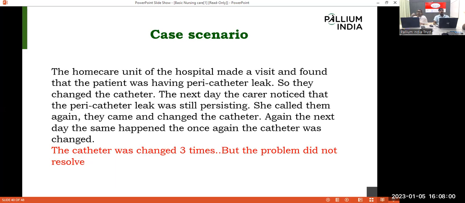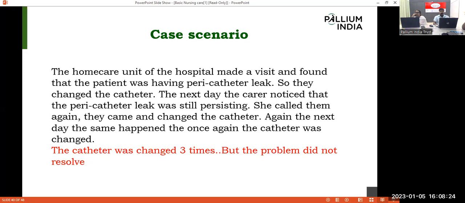Here, around 3 times they changed the catheter continuously, but the problem did not resolve. Maybe when this type of thing happens, we need to assess the bowel pattern also. First, we need to check whether the patient has any history of constipation, and address that.